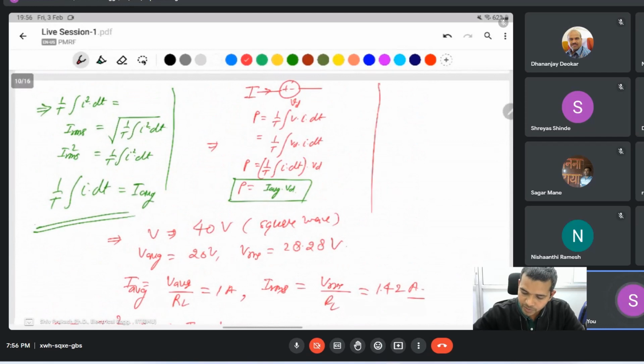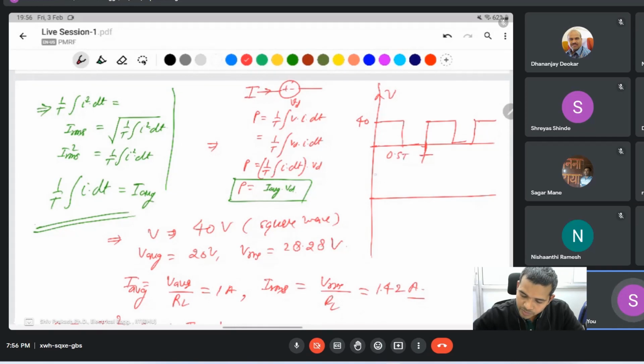I explain: this one is the voltage, 0 to 40 volt, for duty 0.5 T. The same applies to the current: if you apply V by R directly, you find the current. Okay, sir, now I got it. I have not considered the duty cycle. Thank you.